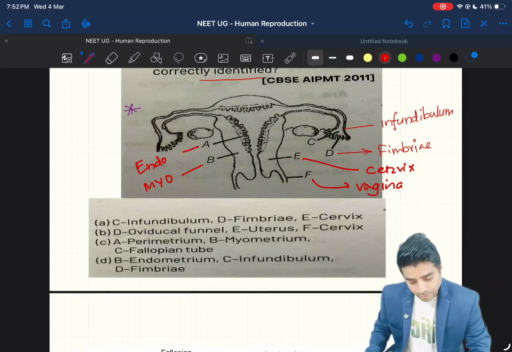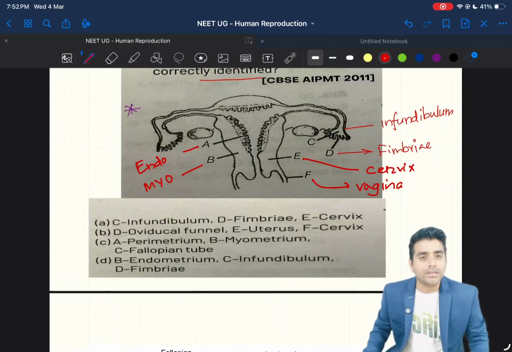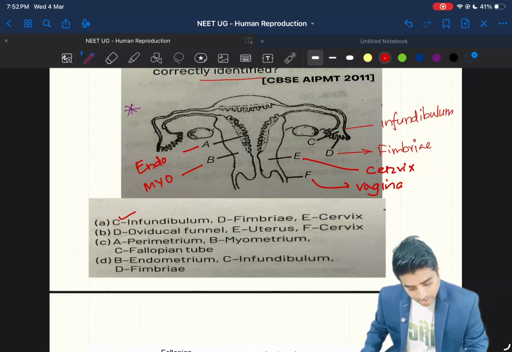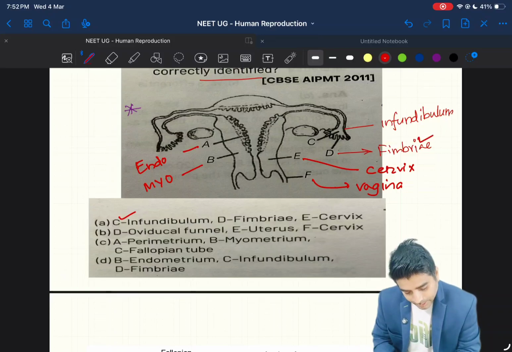Now we need to identify which is given correctly in the options. C is infundibulum, so C is right. D is fimbriae, yes, D is right. And E is cervix. So the answer will be A.